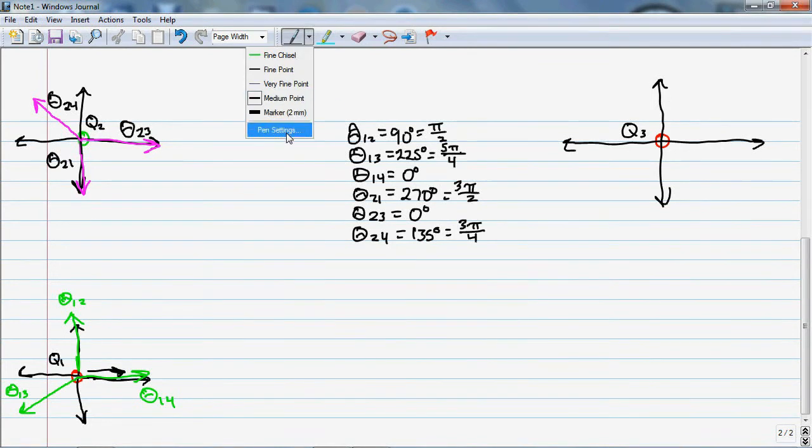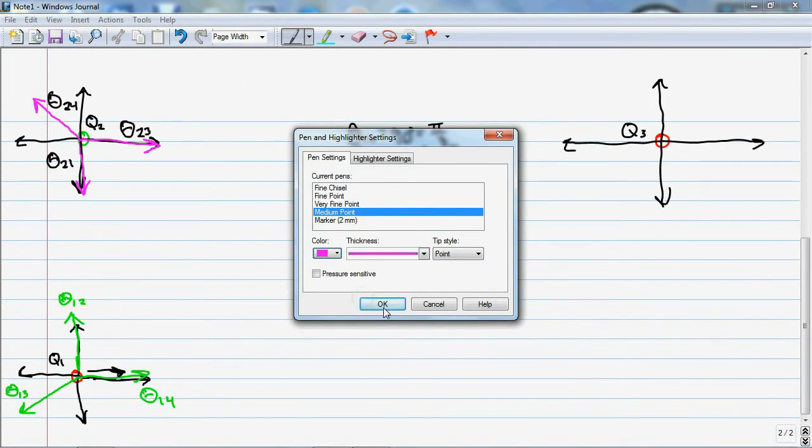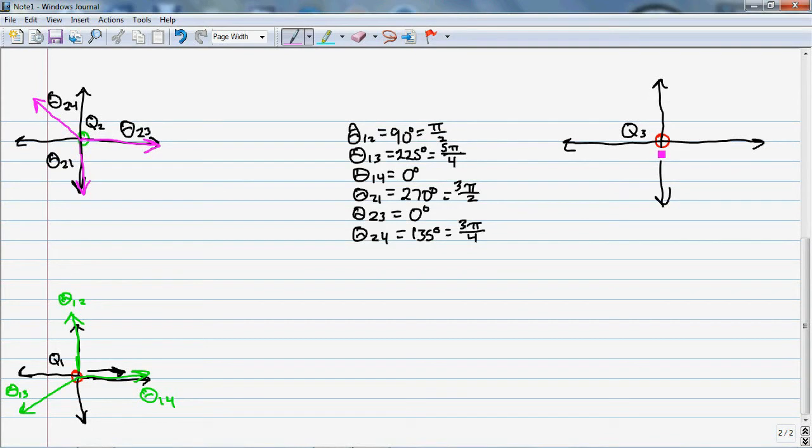So again, the forces on charge 3, well, for Q2, it's going to want to go towards each other. Q4 wants to go towards each other. And for Q1, it's going to want to go opposite back. So this would be defined as theta 3, 2, theta 3, 1, and theta 3, 4.